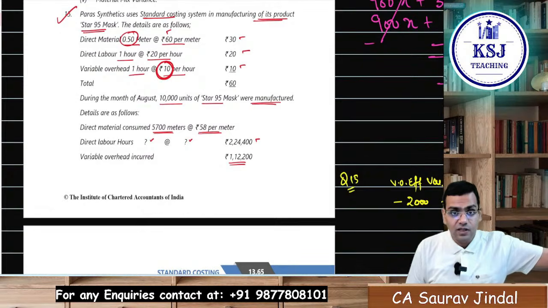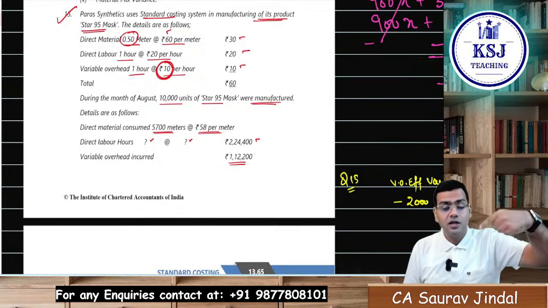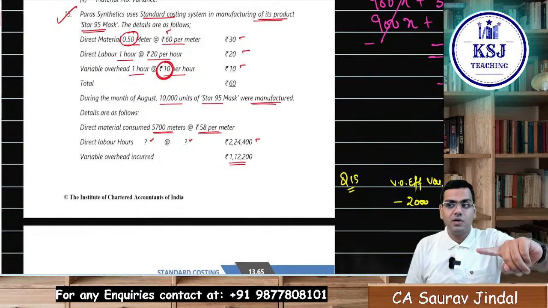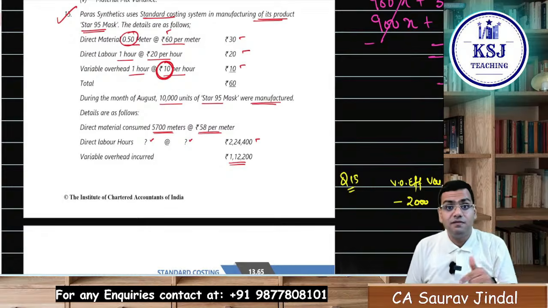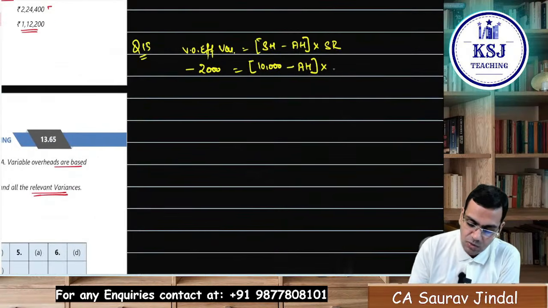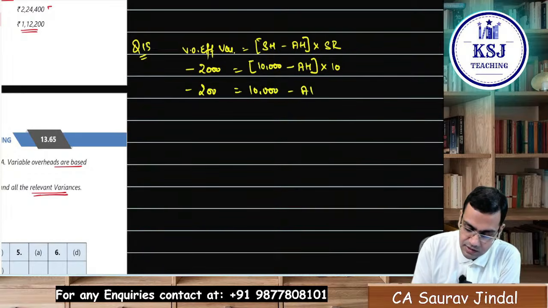Standard rate not for the labor, standard rate for the variable overhead. Very important to be careful about. Standard rate about the variable overhead and not the labor rate, right? So 10 rupees here, so minus 200 is equal to 10,000 minus this.